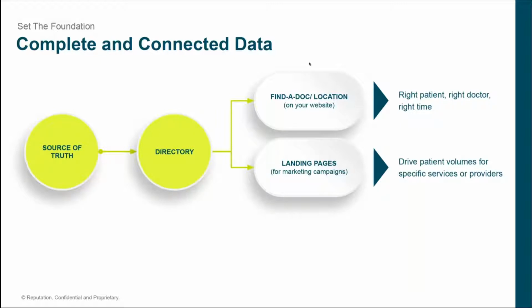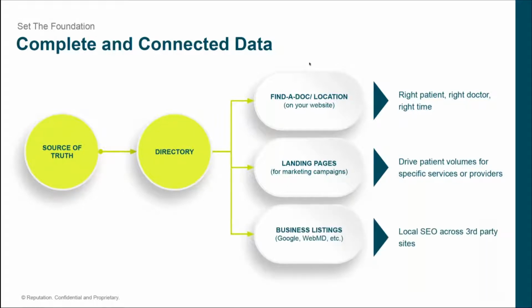And then the third piece of this, if you click to the next step here, is amplifying this data across all of the third-party sites. This is what local SEO is all about. You can't count on consumers going to your website. The idea of branded search is much diminished now in the feedback economy, where consumers are searching for convenience, proximity, and sentiment.